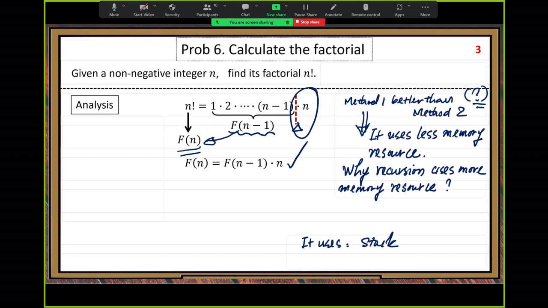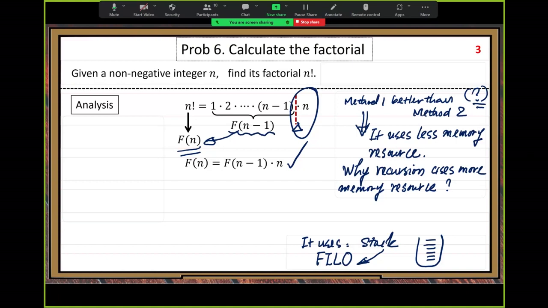You know the stack, right? You push the data into the stack, and it has the property first in, last out.